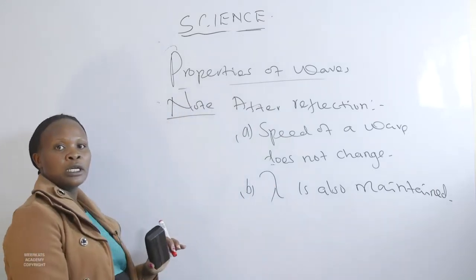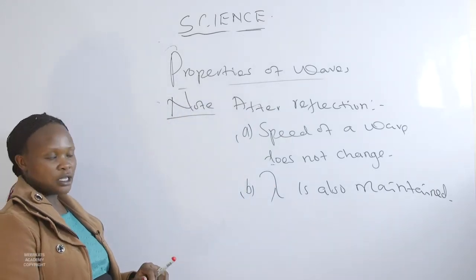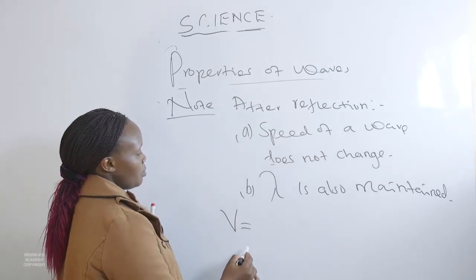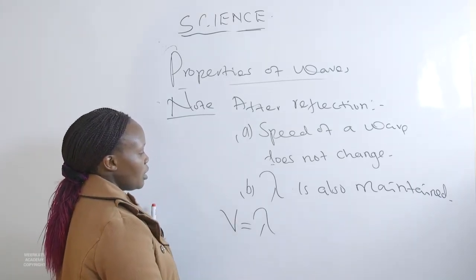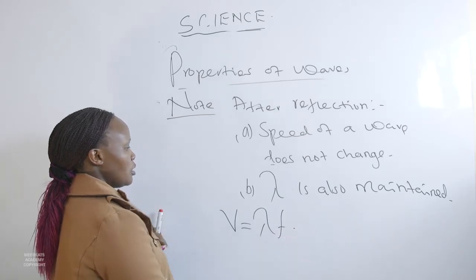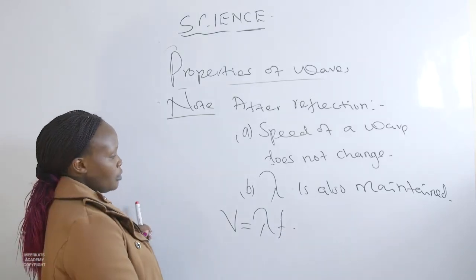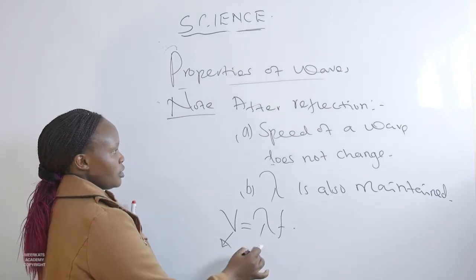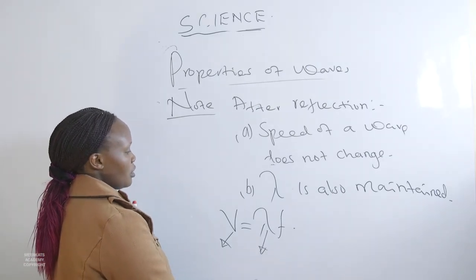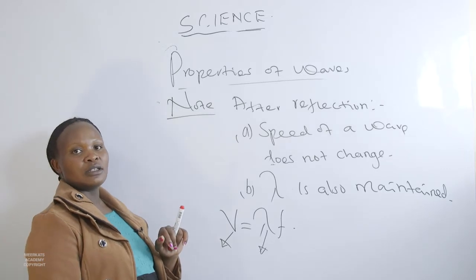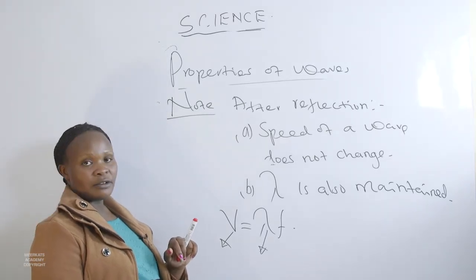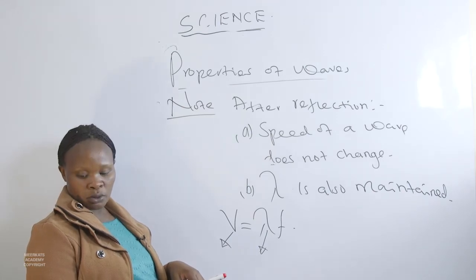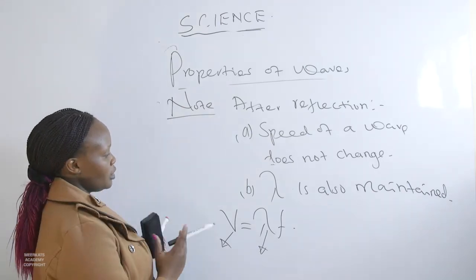So from the relationship that we've just looked at, we said that V, which is our speed, is given by wavelength times frequency, and we are saying that the speed remains constant. We are also saying that the wavelength remains constant. Therefore, it follows that the frequency is also maintained.